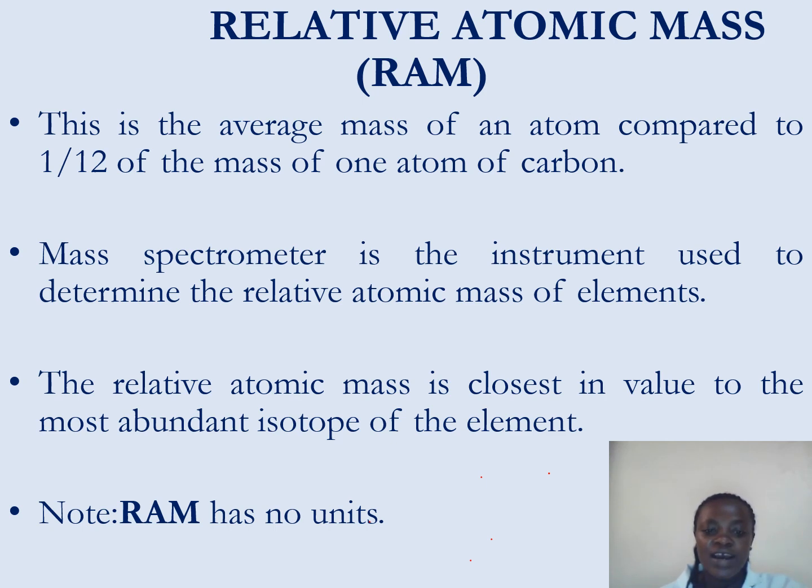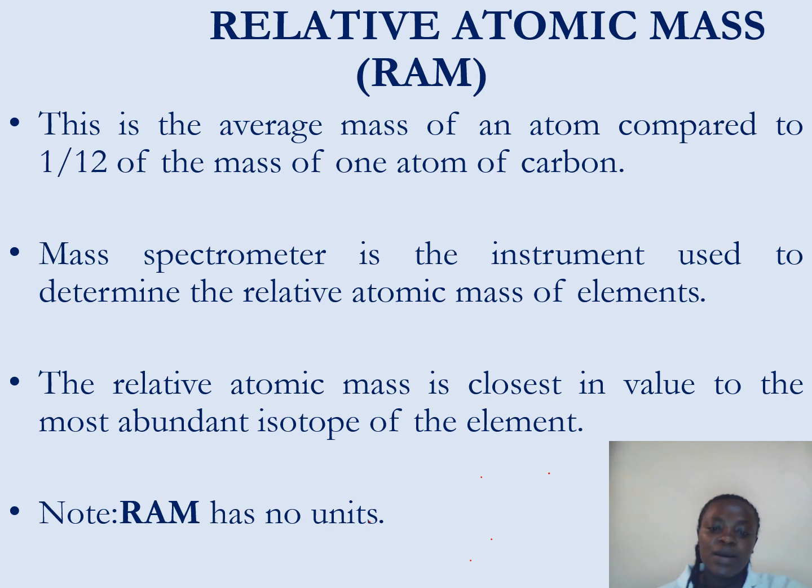So, if we have two isotopes, one with mass number 20, the other with mass number 23, for example, and the relative atomic mass of that element is 20.1, then definitely the most abundant isotope will be the isotope with mass number 20.